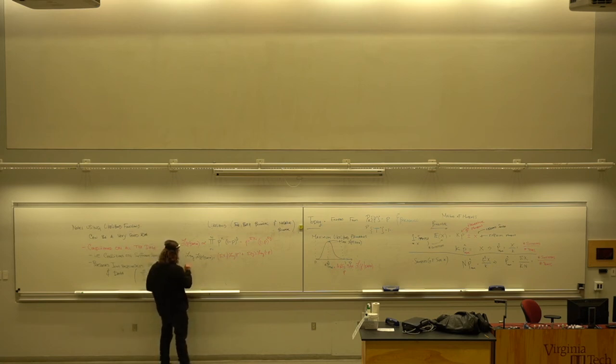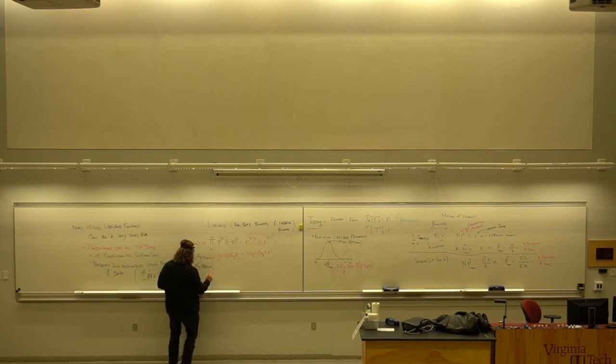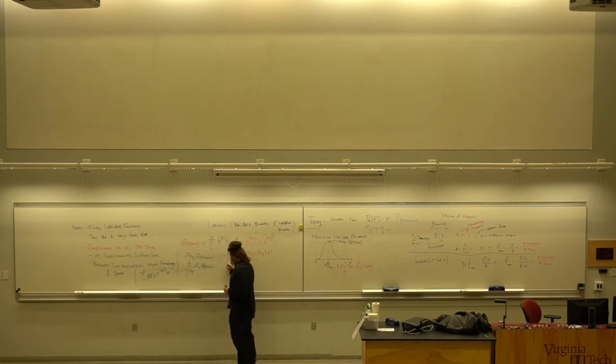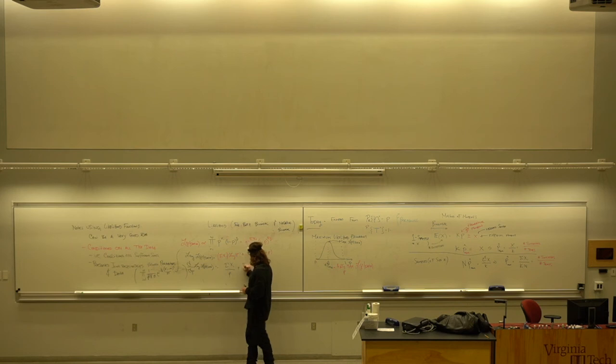Okay. So when I take the derivative of the log likelihood, this is just going to be the sum of the xi's over p plus the sum of the yi's over 1 minus p, with some chain rule, minus.